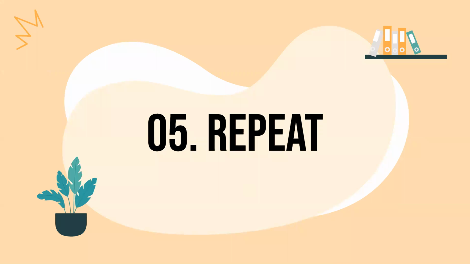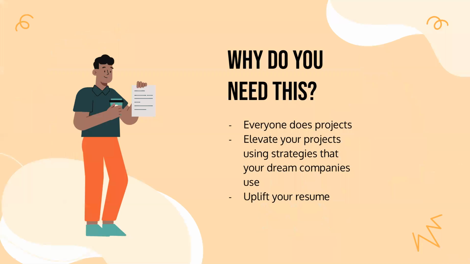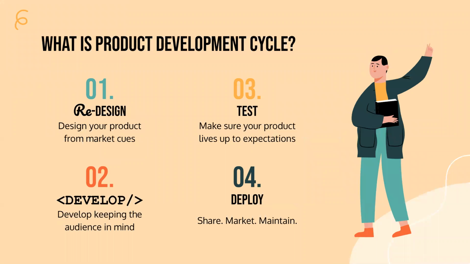Right. And here comes the big step, the one step that I've been talking about the whole time. Repeat. If we go back up here, when I say design, redesign, test, develop, deploy, it's essentially a loop. You design something, you test it out with a dry test, then you develop it, then you unit test it, you deploy it, right?